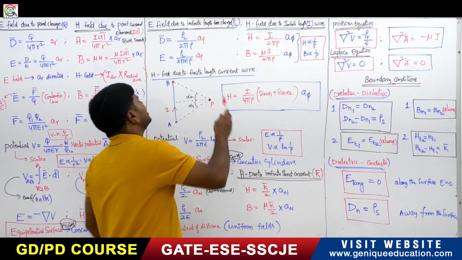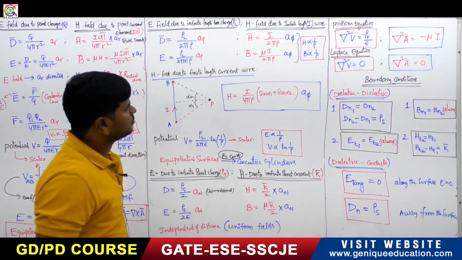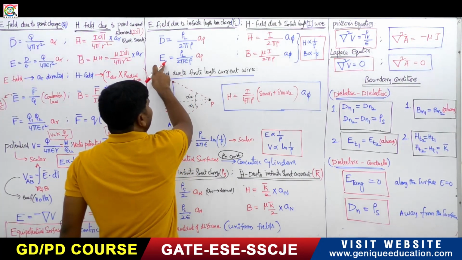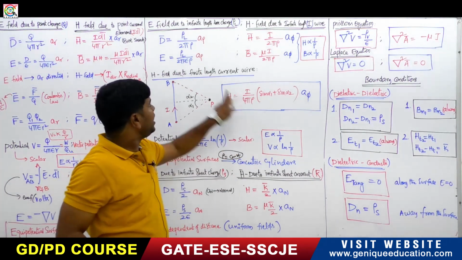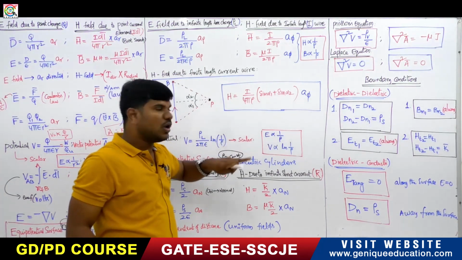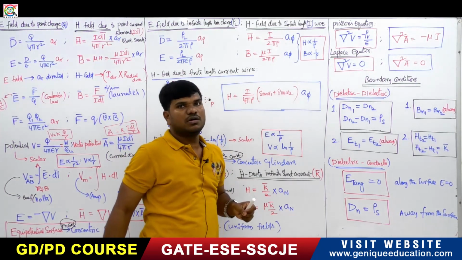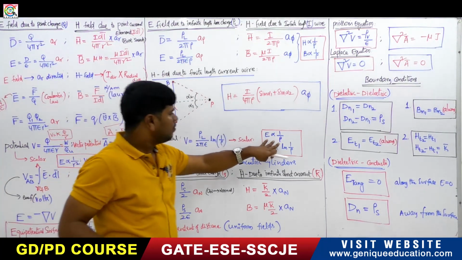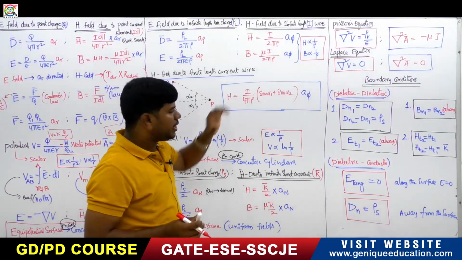So E is proportional to 1 by rho, and here H is proportional to 1 by rho. That is the point you have to understand.